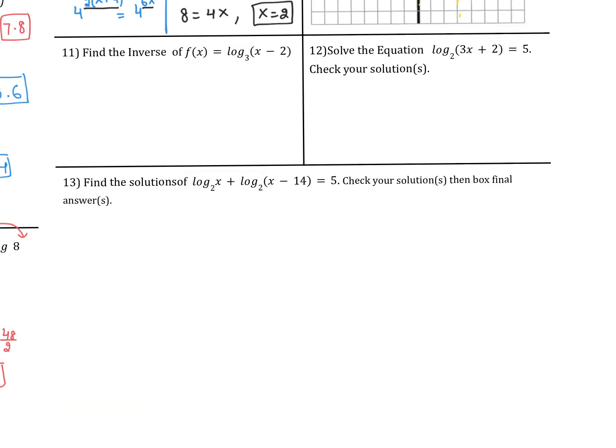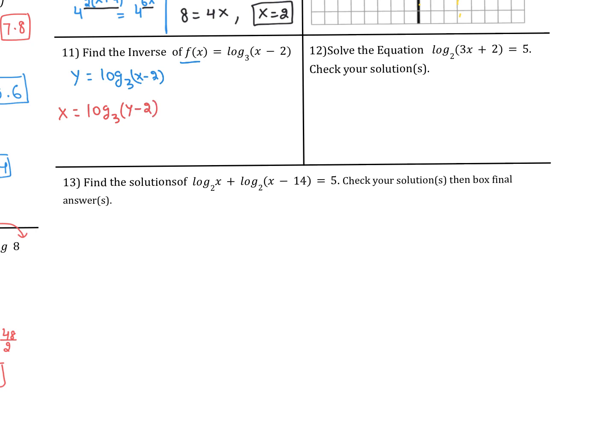Question number 11, find the inverse of f(x) equals log base 3 of (x minus 2). It has a few simple steps. You set f(x) equals y and change x and y. So when you switch x and y, it becomes x equals log base 3 of (y minus 2), and then you're going to solve for y.